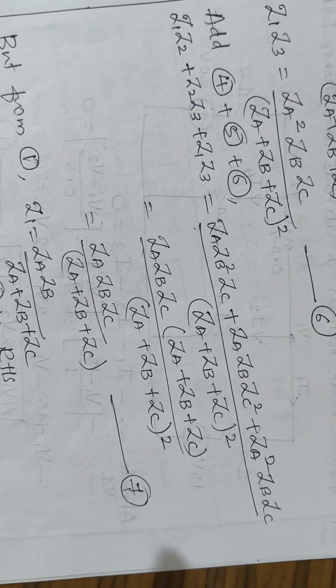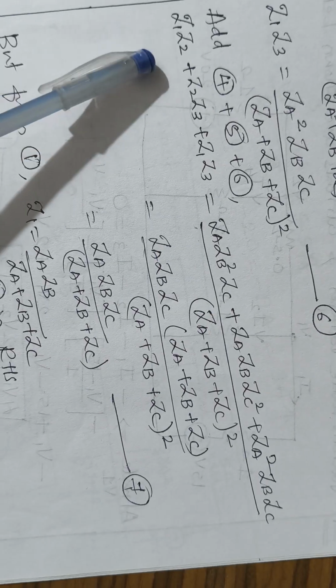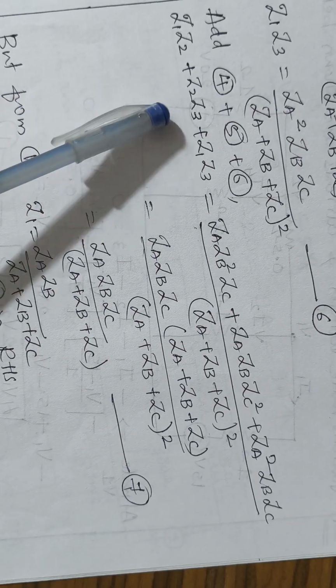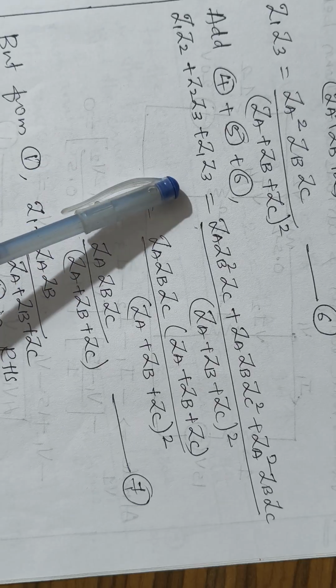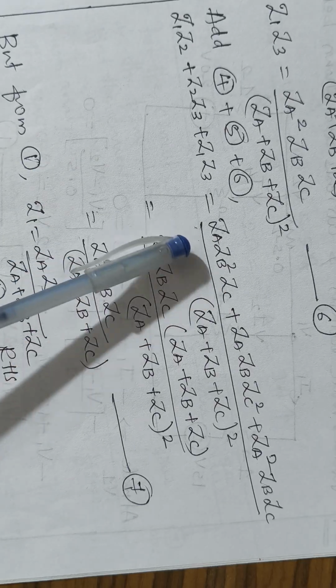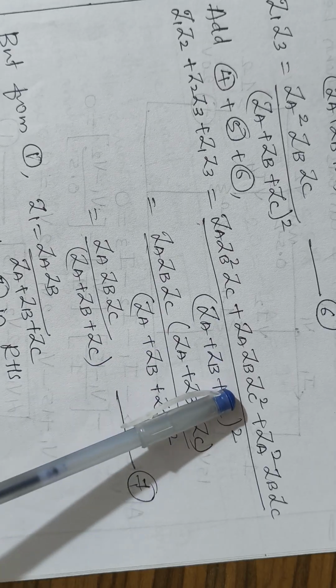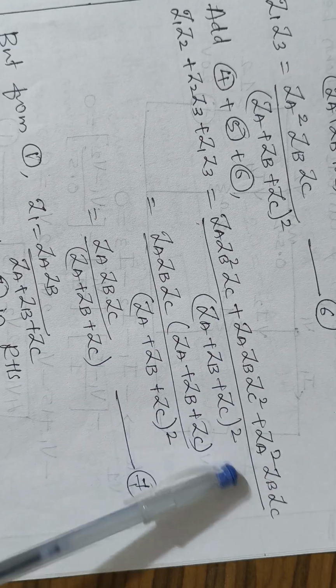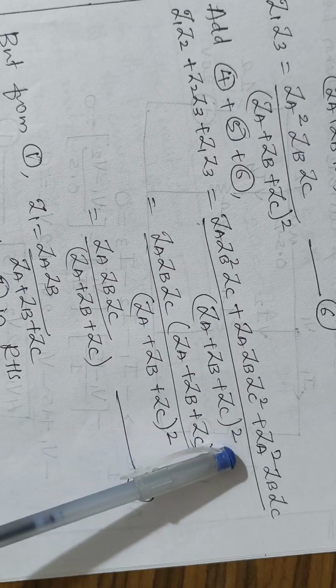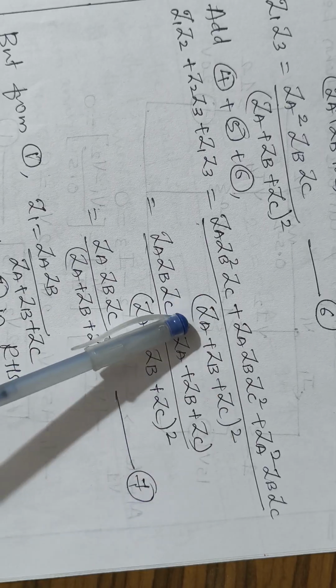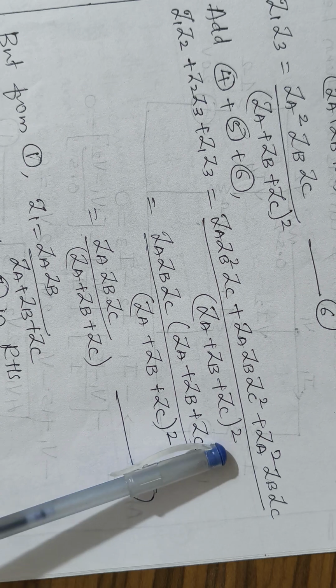Here you get Z1 Z2 plus Z2 Z3 plus Z1 Z3 equal to ZA ZB square ZC plus ZA ZB ZC square plus ZA square ZB ZC, whole divided by the denominator, which remains the same, ZA plus ZB plus ZC whole square.